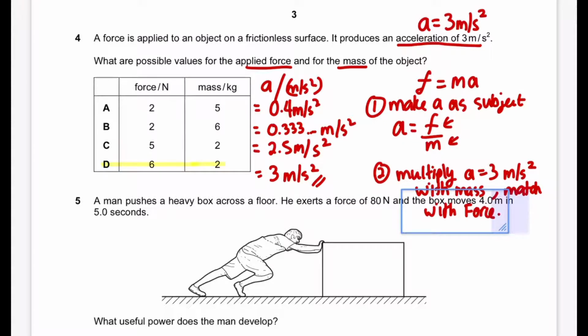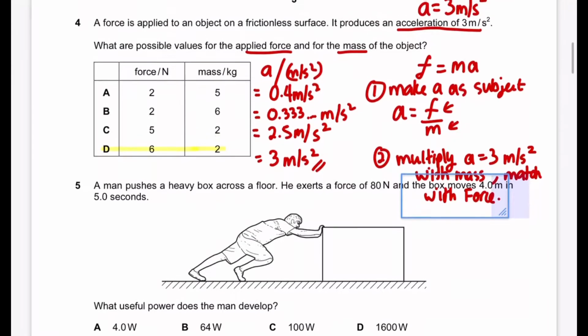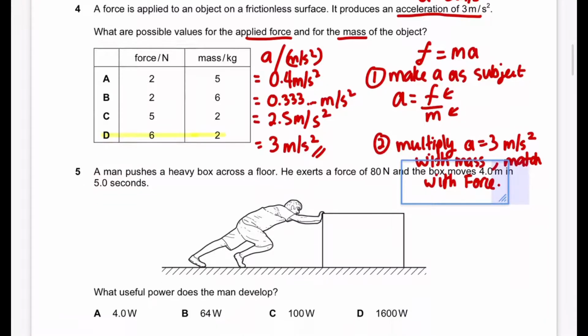If it matched together, then that's great. If it doesn't, then that's not the answer. I'm gonna show you the first one only. So you can try the second one if you like to see whether you get the same answer or not. Let us move on to question number 5.